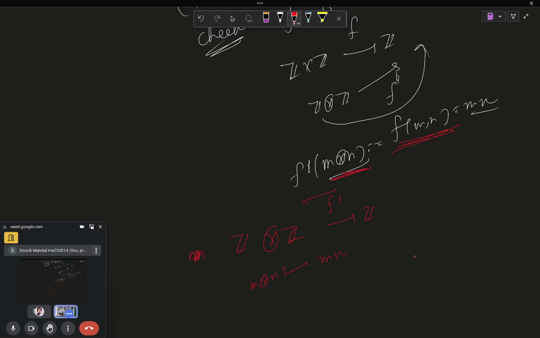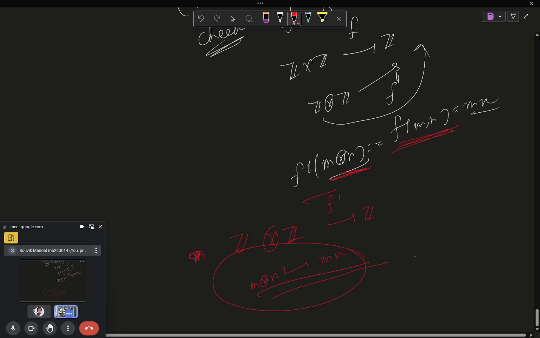If you were directly defining this map, then you would need to check well-definedness separately, which is difficult. That's why we use the property to ensure well-definedness of a map going through tensors. Understand? So this is one direction map.